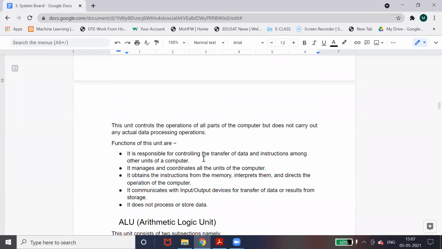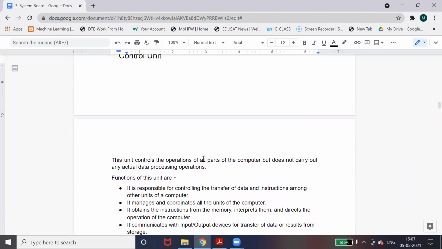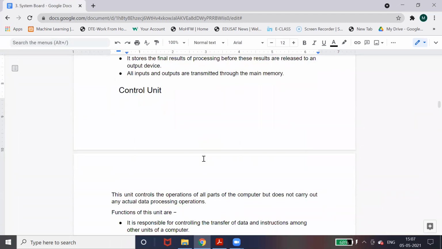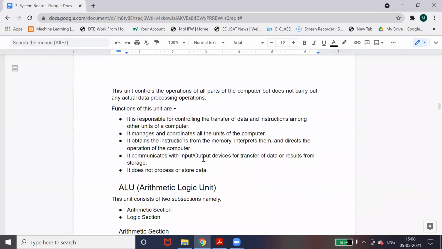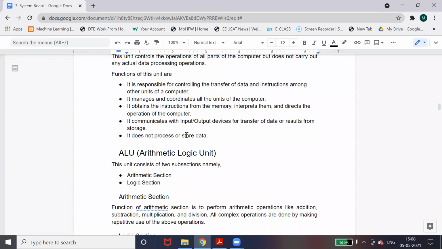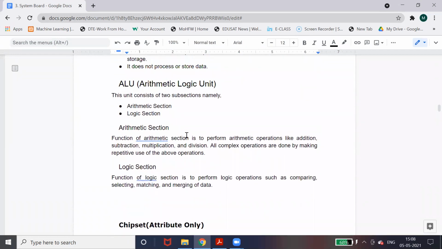Now, what is a control unit? This control unit is used to control the operations, the flow of data and instructions. It will send data one by one. Coordination and synchronization between all data is done by this control unit. The processing of actual data is done by the ALU, the arithmetic and logic unit.